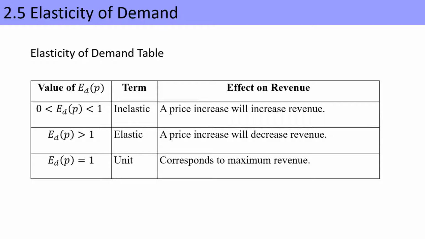If the elasticity of demand is greater than 1, we say that the demand is elastic. A price increase will decrease revenue. And finally, let's consider the elasticity of demand with respect to P equal to 1. The term associated with that is unit, and the effect on the revenue is that it corresponds to maximum revenue.